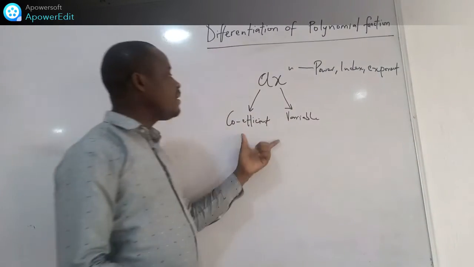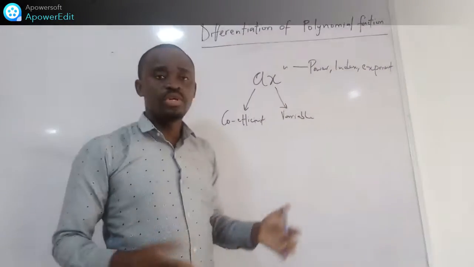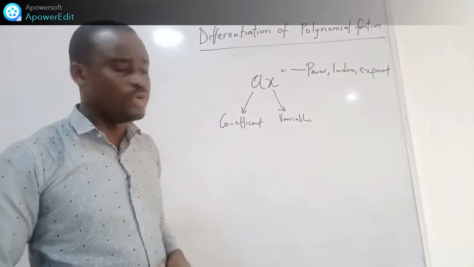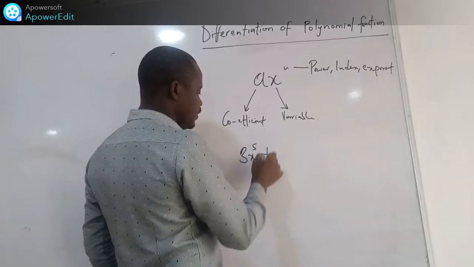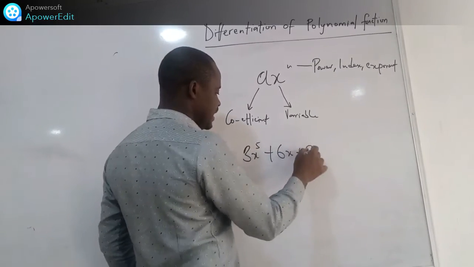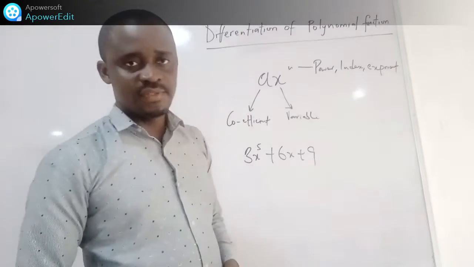So this is what you need to know about polynomials. A very good example is 3x raised to power 5 plus 6x plus 9. This is a polynomial. Do you agree?